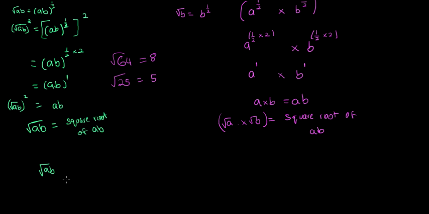The only difference is that they are expressed differently. So root of ab is the same as root of a times root of b. And this right here, ladies and gentlemen, is one of the fundamental ideas behind how square surds work.